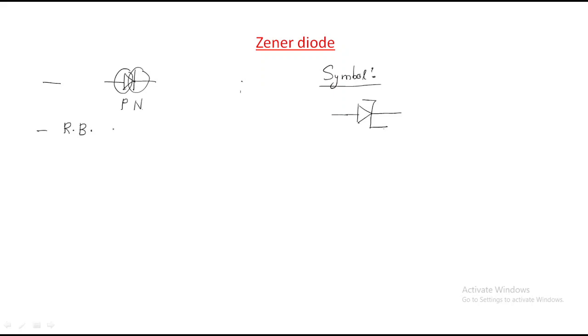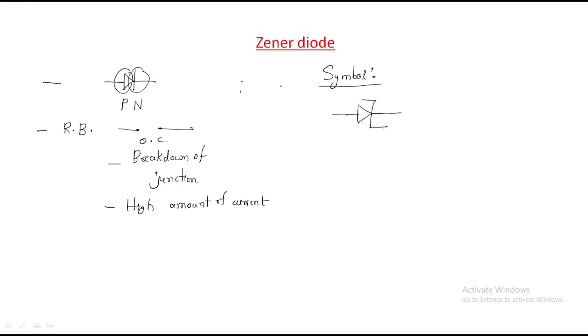When we give the reverse bias, after some time it will act as an open circuit, and the junction will break down. Breakdown of the junction is possible, and a high amount of current will be flowing.